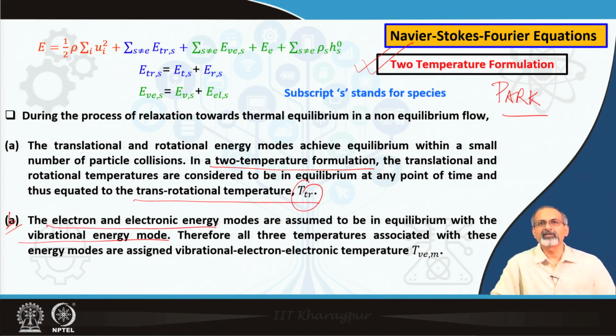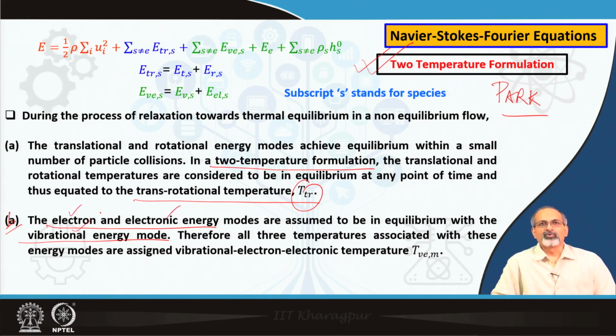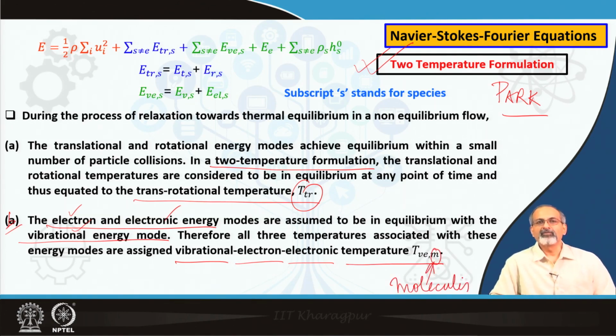Therefore, all three temperatures which we see here, electron, electronic, vibrational, these three energy modes are assigned a combined vibrational, electron, electronic temperature, which is Tv subscript m, and remember that it is applicable only for molecules, and thereby you have the segregation into the two temperature model.